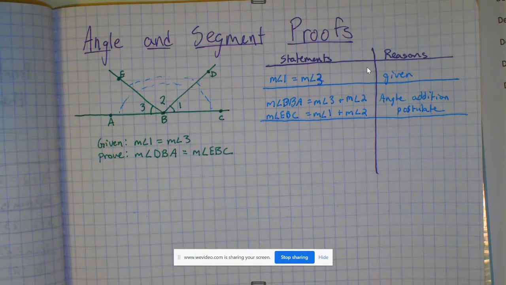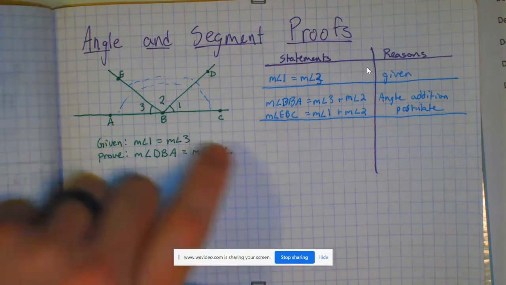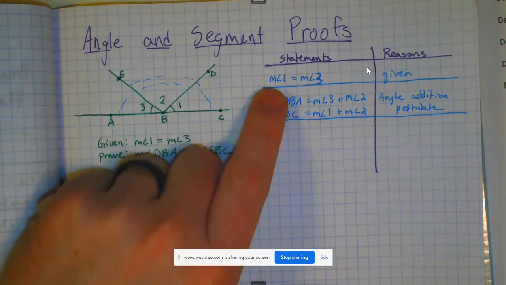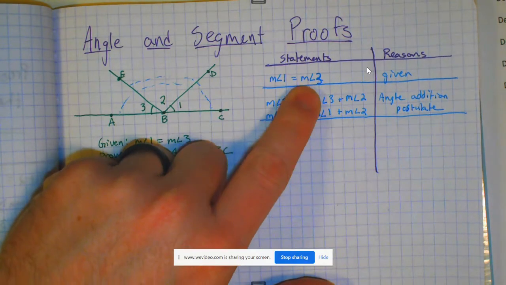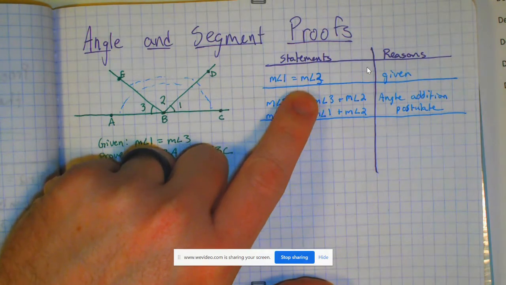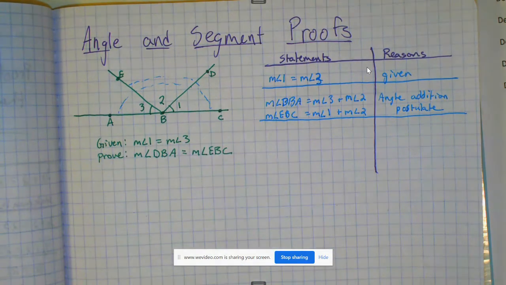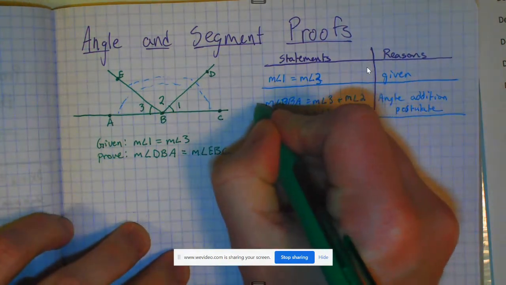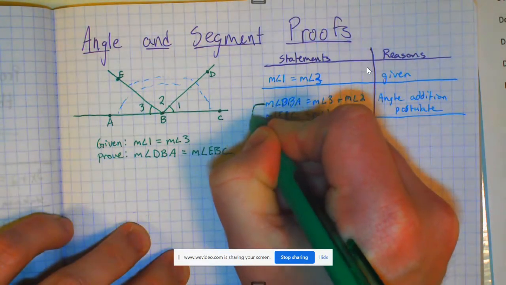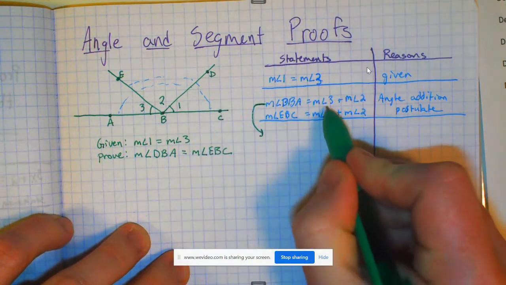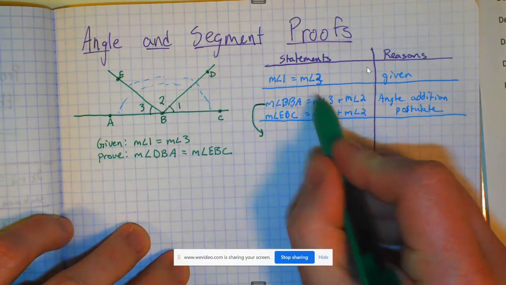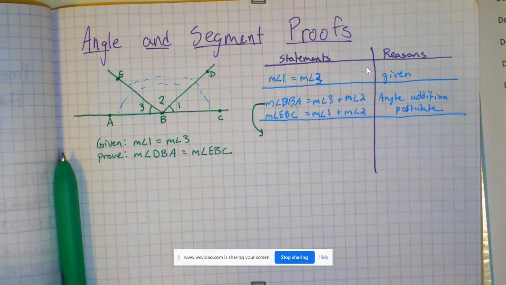Now, if we take one of these, it doesn't matter which one, remember that the measure of angle 1 equals the measure of angle 3. So I could take this line and bring it down here, but instead of writing the measure of angle 3, I'm going to put in the measure of angle 1.